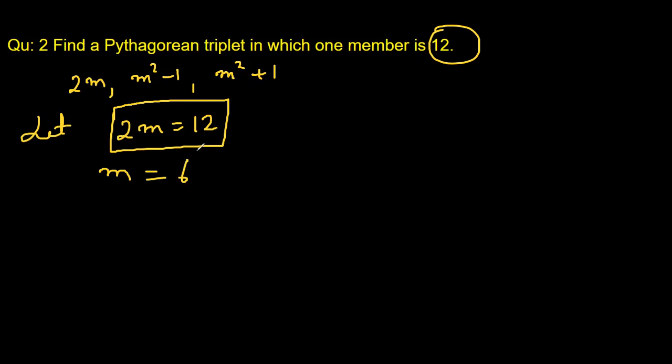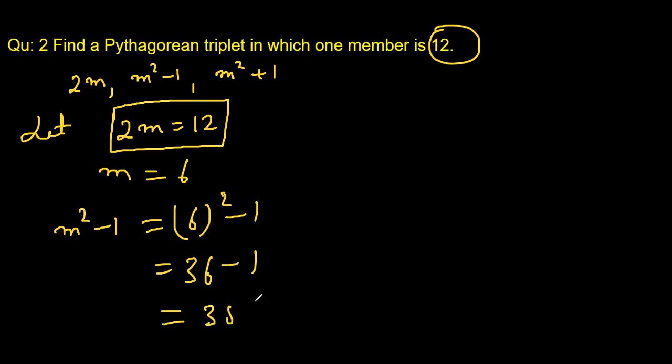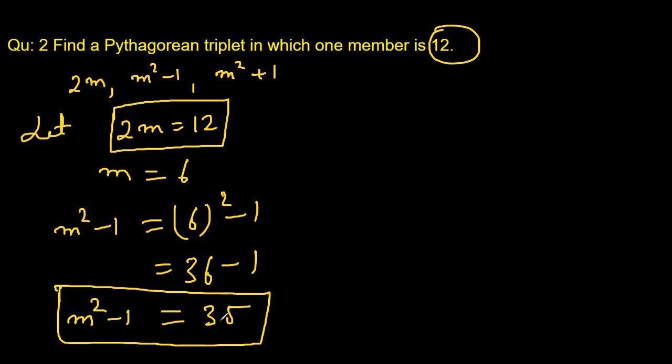When m is 6, what is m square minus 1? 6 square minus 1 is 36 minus 1, which is 35. So m square minus 1 is equal to 35. The second member has come up here: 12, 35. What would be the third member then? The third member should be m squared plus 1.